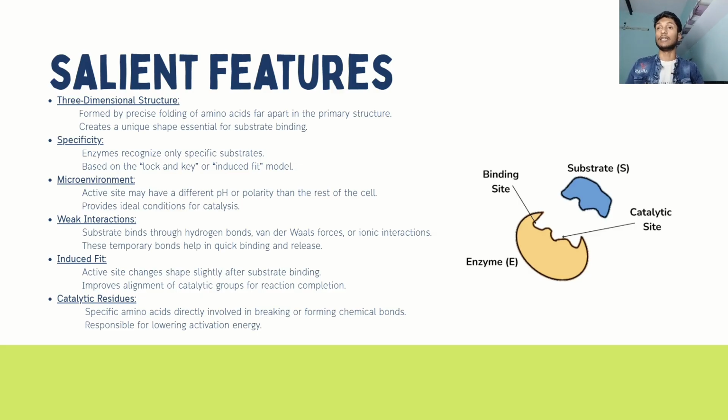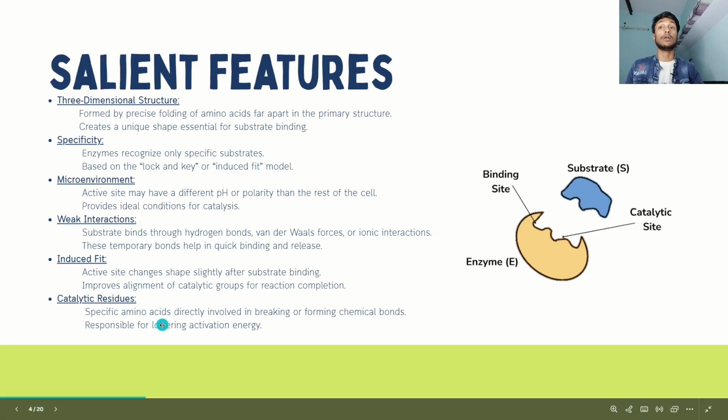Induced fit. Active sites change shape slightly after the substrate binds. So when the substrate comes onto the active site, the active site changes slightly for the binding. It improves alignment of catalytic groups for reaction completion.